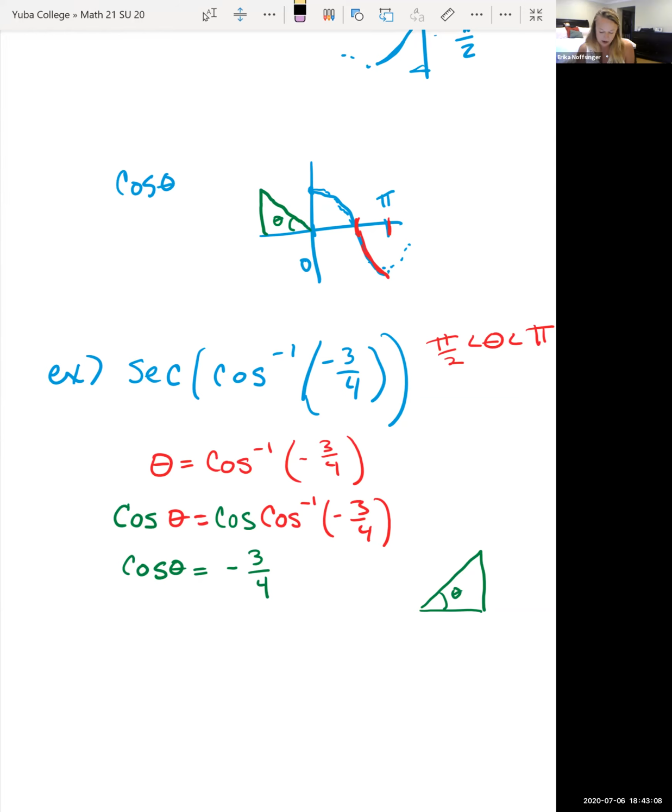But I know cosine, the ratio, is adjacent over hypotenuse. So looking at my theta, my adjacent side is down on the bottom. My hypotenuse is always across the right angle. This is where I'm not going to put in the negative, but I'm going to remember that theta is in quadrant 2.